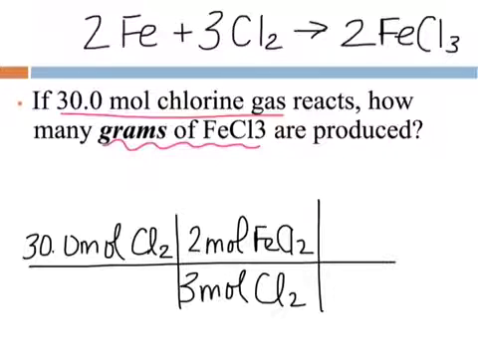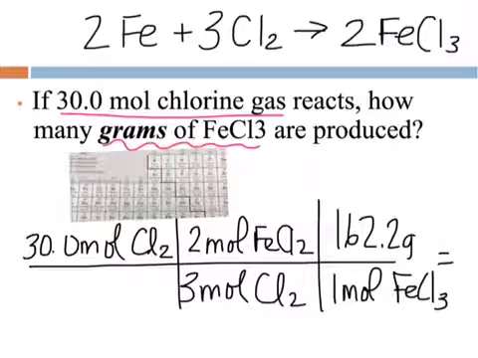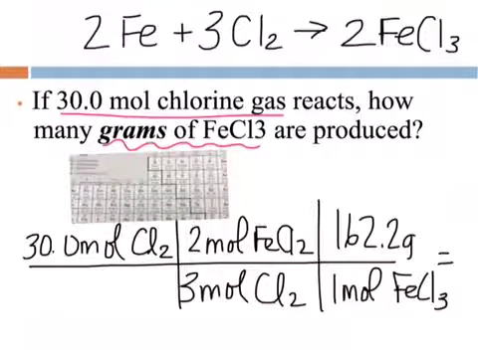And now I want to go from moles to grams, so I got to go to my periodic table, I look it up, I find out that iron chloride weighs 162.2 grams for every 1 mole of iron chloride. I got that from saying I have 3 atoms of chlorine added to 1 atom of iron, so that's 55, plus 3 times 45, which gives me 162.2 grams.